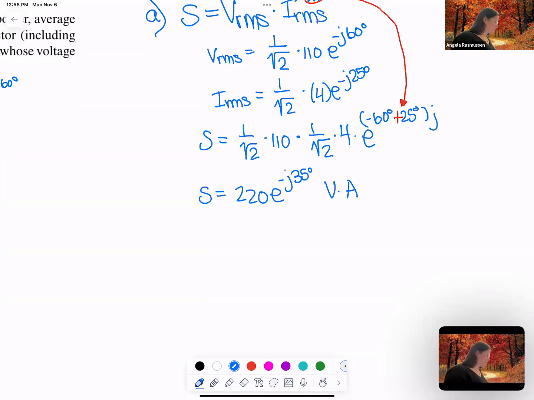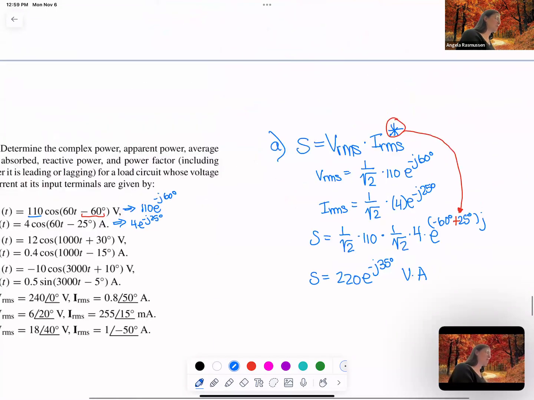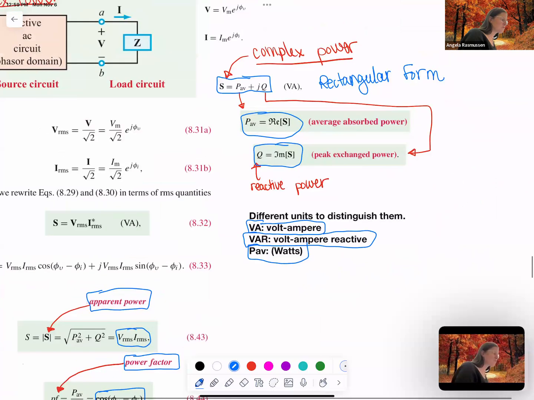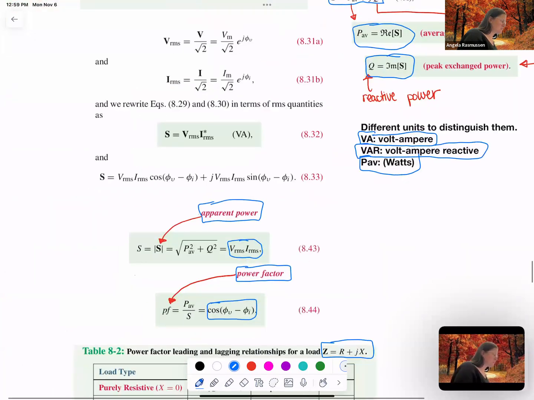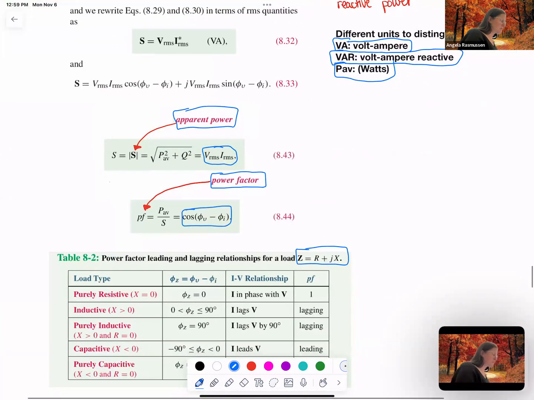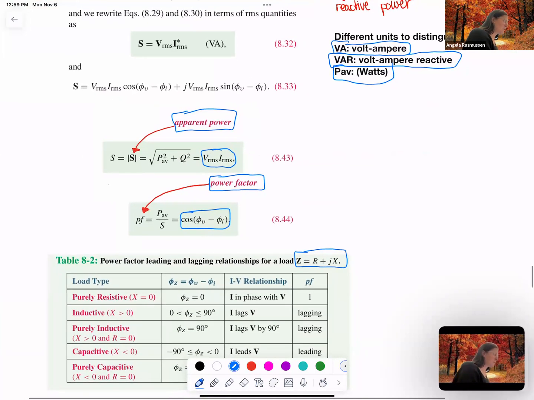Is S different than the S that was P average plus jQ? I don't know. This should be a complex conjugate.